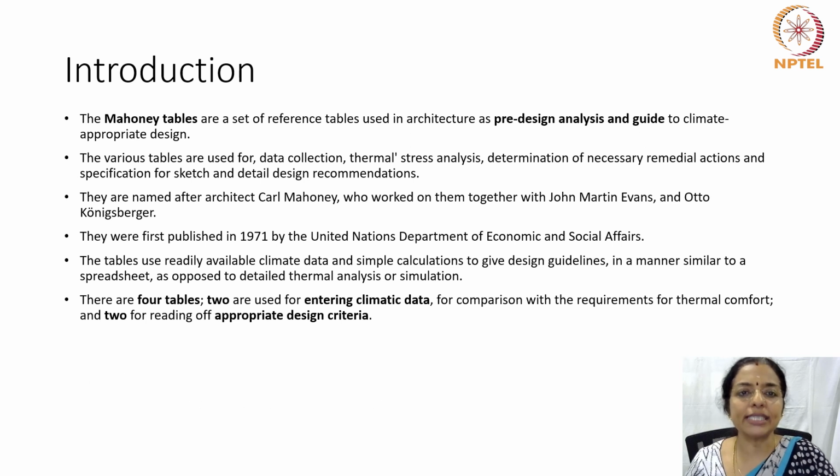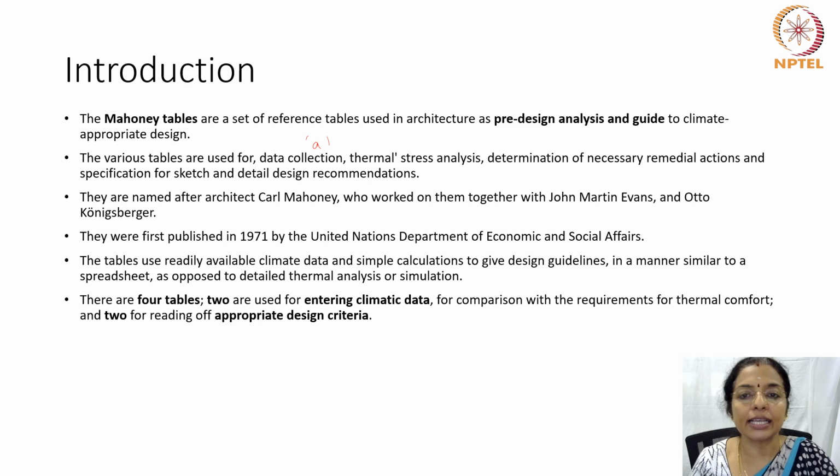Mahoney's table is a set of reference tables used in architecture as a pre-design analysis and guide to climate appropriate designing. The various tables used in this type of analysis have information pertaining to the climate of the place. So there is data about the climate of the place.